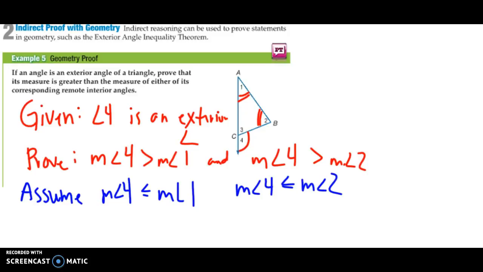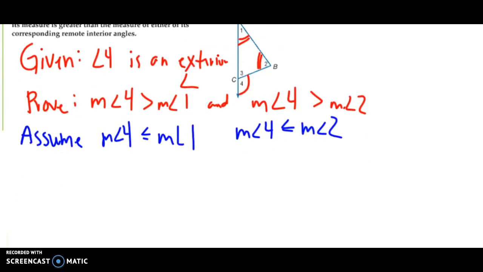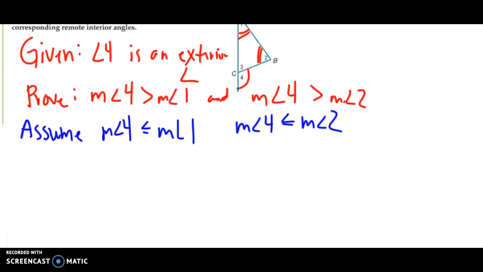Okay? Well, back from the exterior angle theorem we did previously, we said that angle 4 here has to be the sum of these two angles. So we're going to say the measure of angle 4 is equal to the measure of angle 1 plus the measure of angle 2.